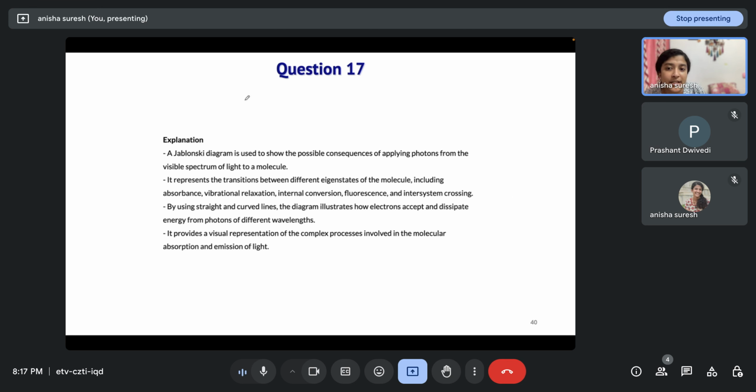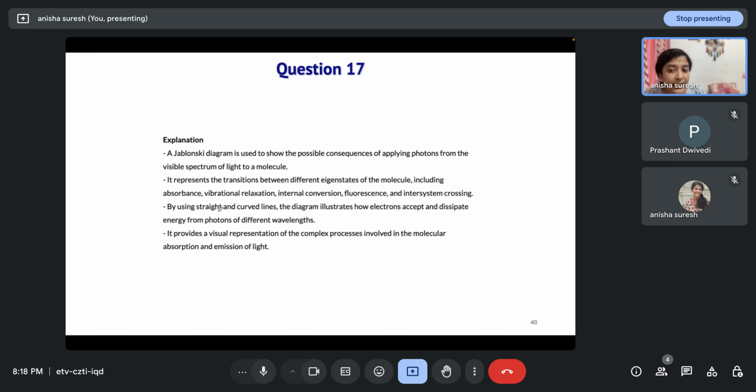Coming to the explanation, the Jablonski diagram is used to show the possible consequences of applying photons from the visible spectrum of light to a molecule. It represents the transition between different eigenstates of the molecule, including absorption, vibrational relaxation, internal conversion, fluorescence, intersystem crossing, etc. By using straight and curved lines, the diagram illustrates how electrons accept and dissipate energy from photons of different wavelengths.